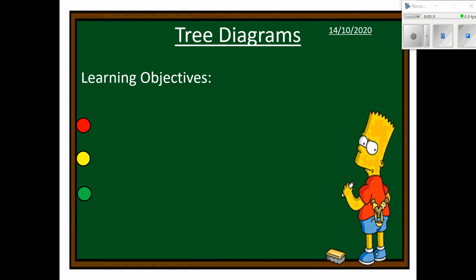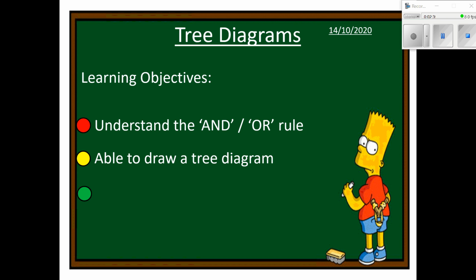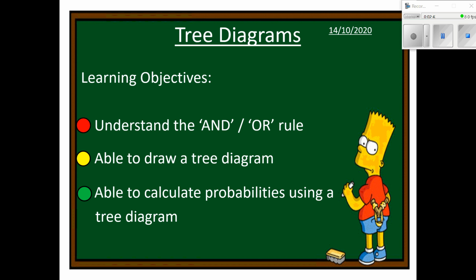These learning objectives are BARTs. The and or rule will come into its own. Don't get too hung up on learning a rule. What we want to be able to do is draw a tree diagram and calculate the probabilities. That's what we are interested in.